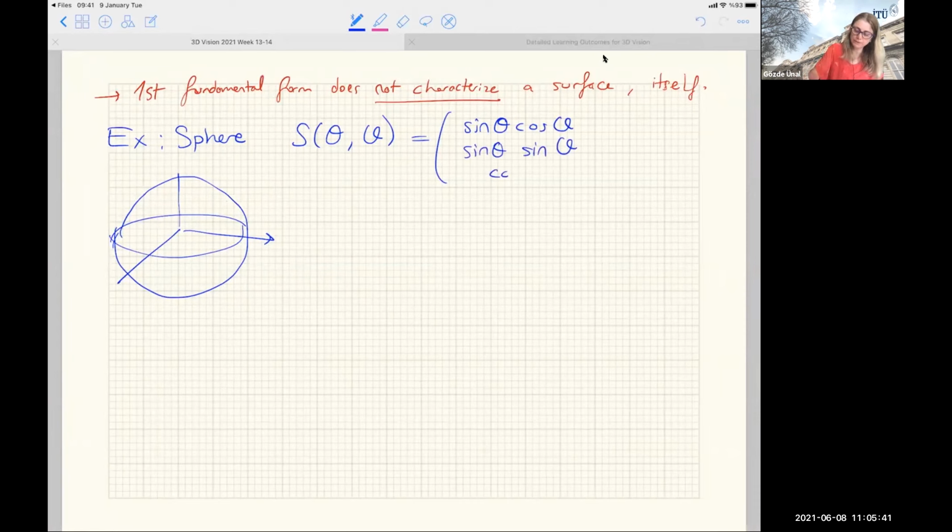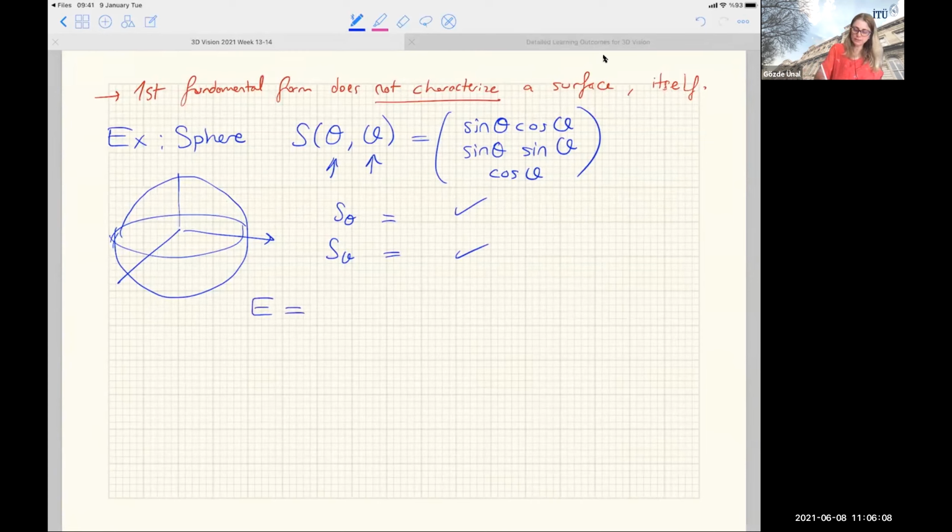And cosine phi, for instance. This is a parameterization of a sphere. Now, I think you guys can see the 2D manifold. It has two parameters, theta and phi. I would need S sub theta and S sub phi. You guys can just go and calculate these. I will write the results. I already have them in my notes.